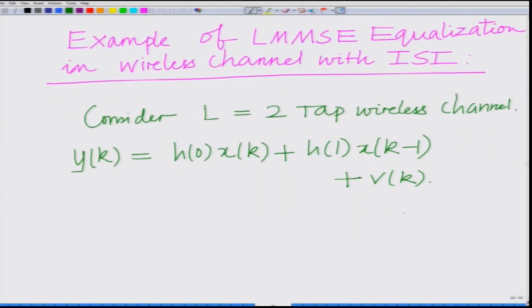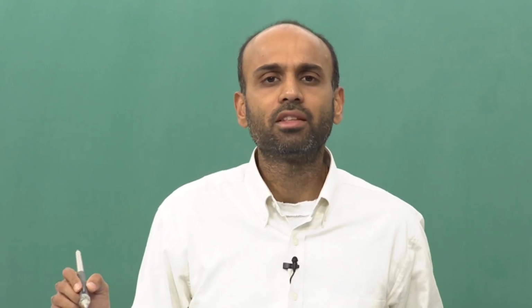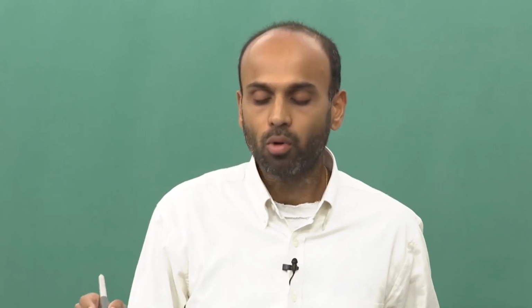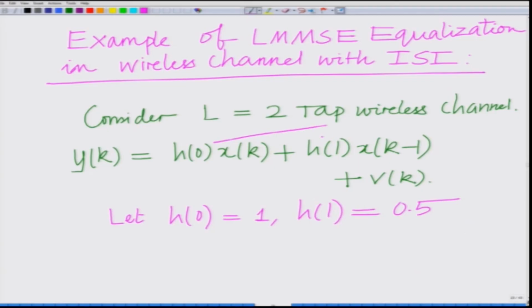Let H0 be equal to 1, H1 equal to 0.5. So, we are considering a 2 tap wireless channel similar to what we have considered before, that is H0 and H1. These are the 2 taps with H0 equals 1, H1 equals 0.5.